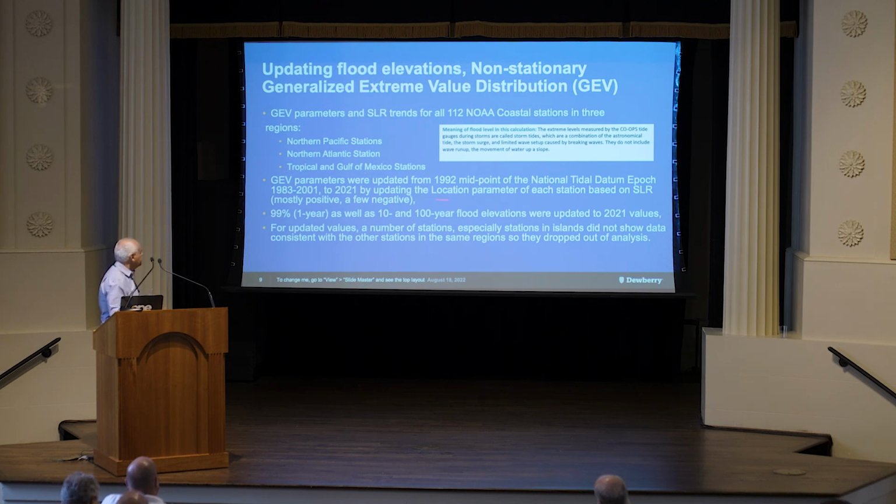And the procedure, how I did it, is laid out here, but the end result gave me the 1 year, 10 year, and 100 year updated water surface elevations. And for updated values, a number of the stations, especially in isolated islands, did not really show good consistency with the other stations in the same area or same region. So those stations really dropped out of the analysis.